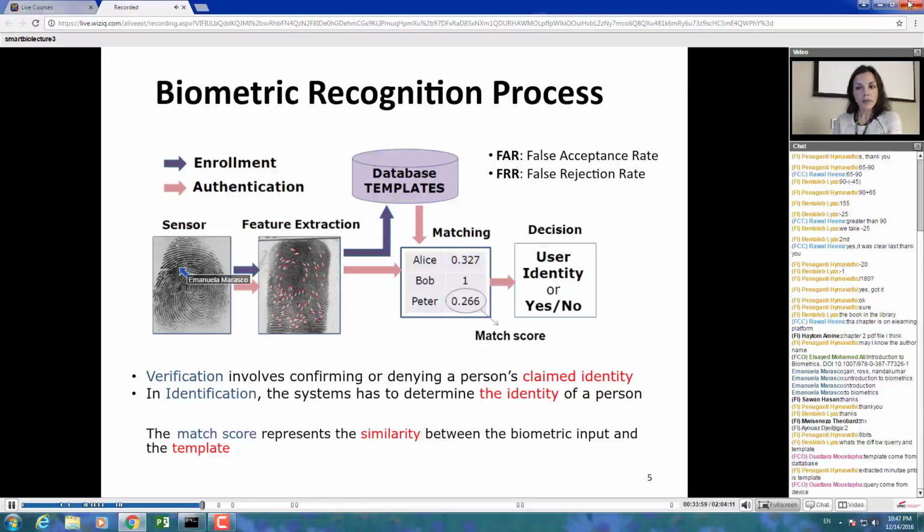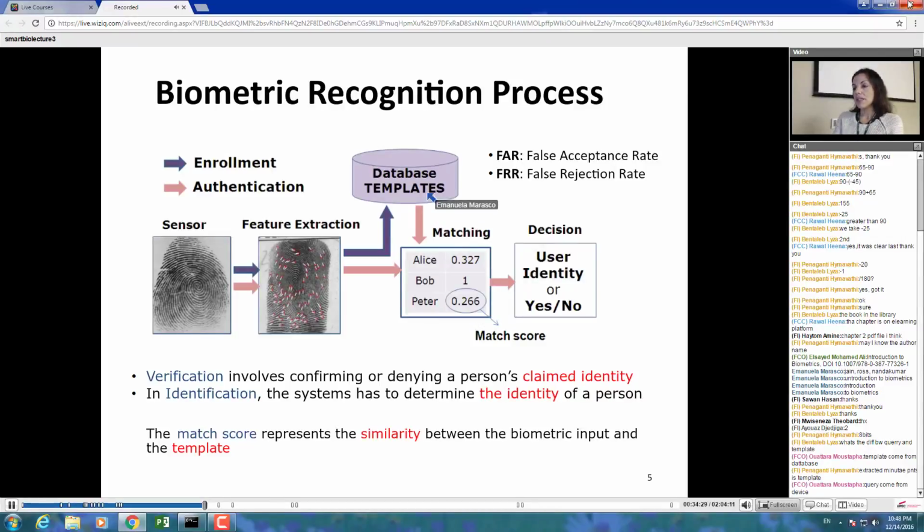This time it's a query because we don't know if this fingerprint is exactly from Peter or not. So Peter as identity during verification is just claimed. The system has the goal of verifying it. So again, we go to the verification, extract features, and we compare Peter's minutia points to the template labeled as Peter.